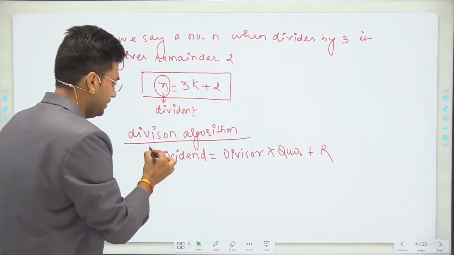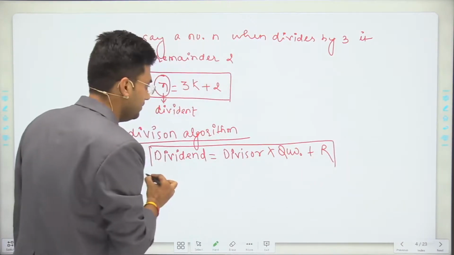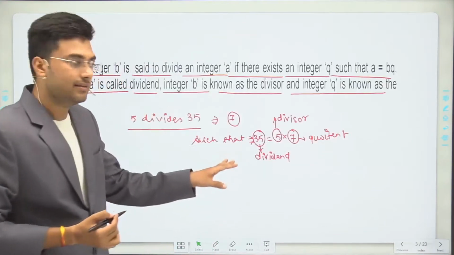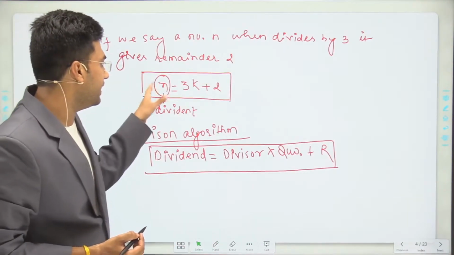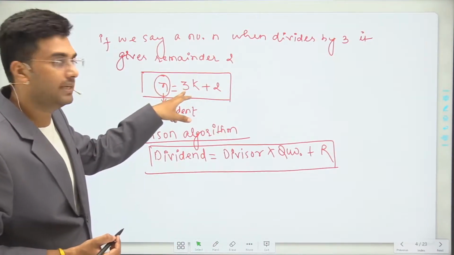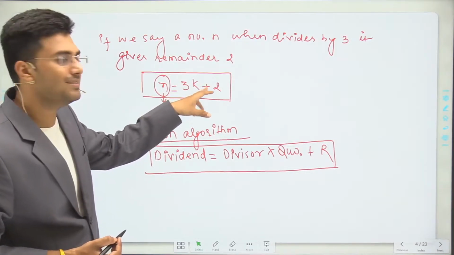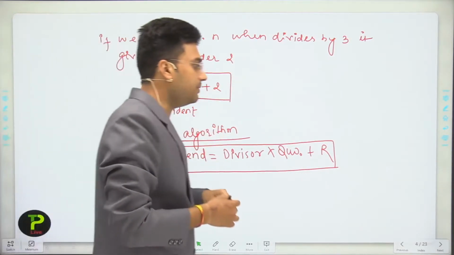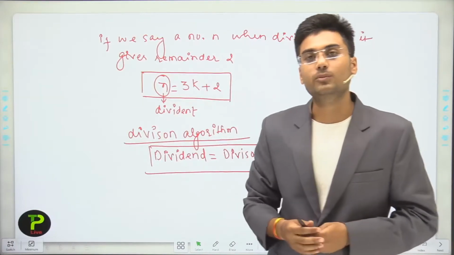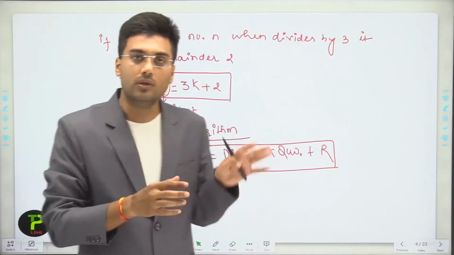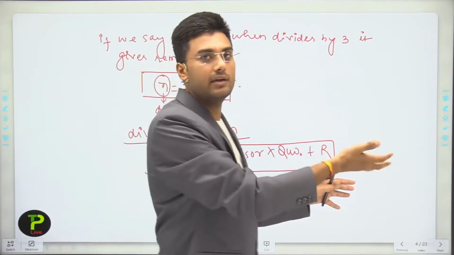This is the division algorithm, and by this we can write any number as divisor multiplied by quotient plus remainder. This concept is very useful to solve some questions, and we will discuss these types of questions in our next slides.